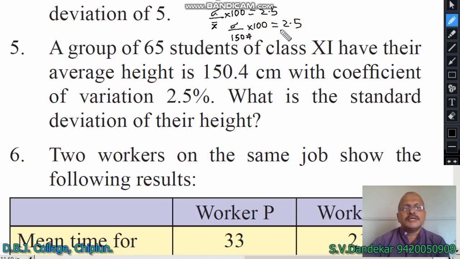Now from this you can find out the unknown sigma, that is the standard deviation of height. Sigma is equal to 2.5 into 150.4 divided by 100. You do the calculation yourself.